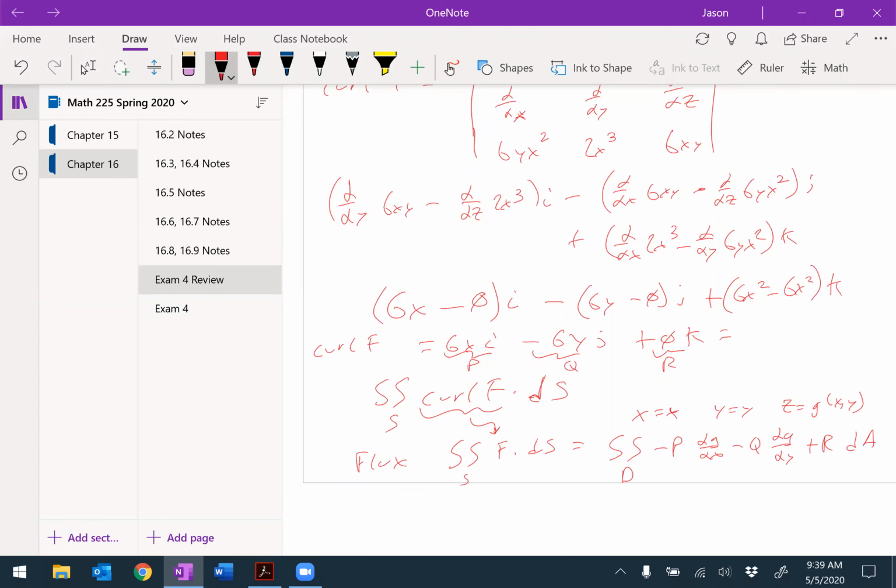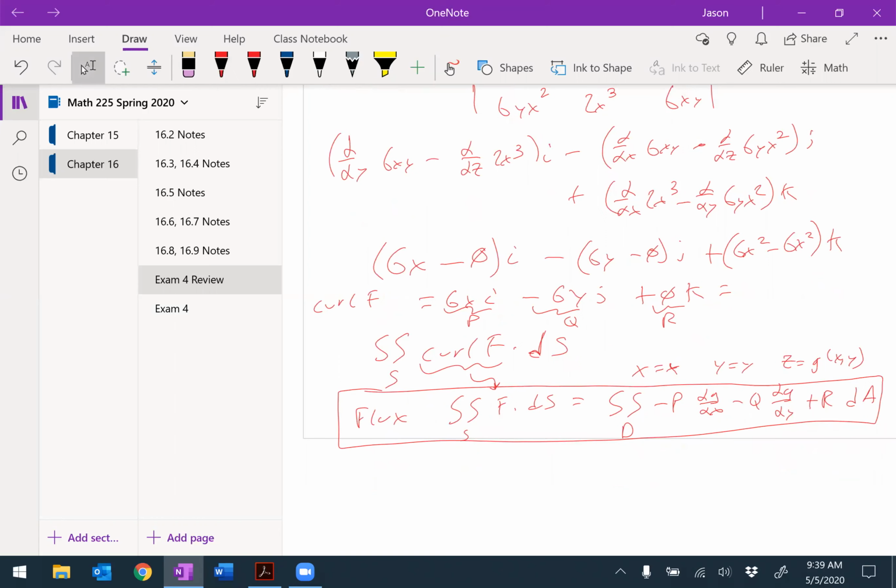That's what we're going to be using here. We're going to be saying that the flux is equal to this. And what are we going to let z equal? Well, z is equal to our function. We're going to say x is equal to x, y is equal to y, and z is equal to y squared minus x squared. That's going to be our hyperbolic paraboloid, that surface that we're integrating over.